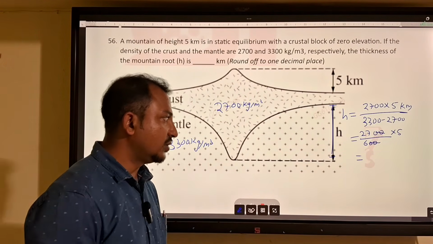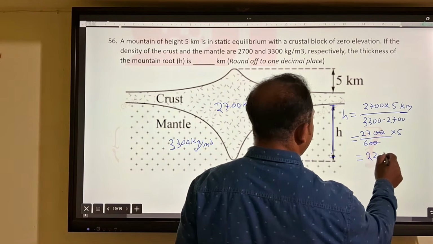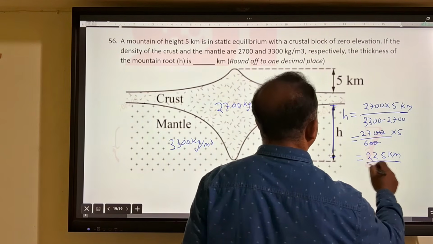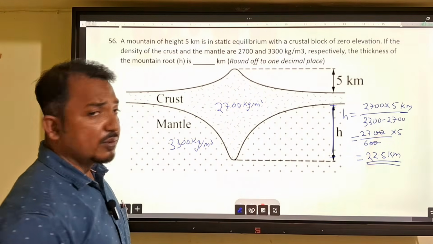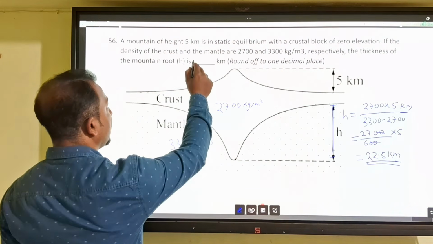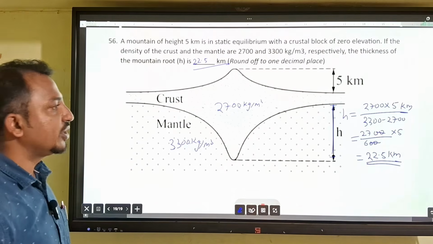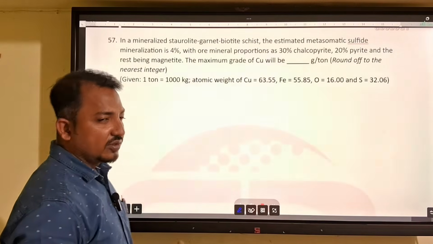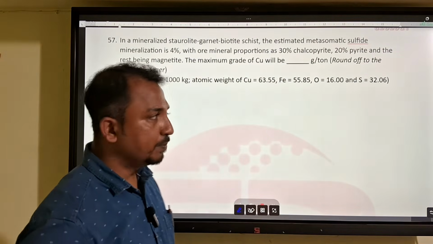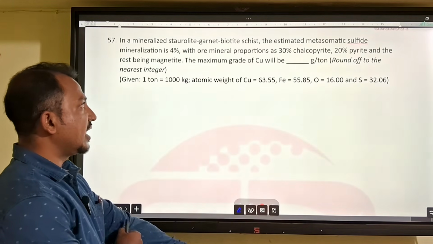So it will be 22.5 kilometers. The answer is rounded up to one decimal, so it will be 22.5. The unit is asked in kilometer, so it will be 22.5 kilometer. This question is also from a previous year question, a similar type of question already asked.